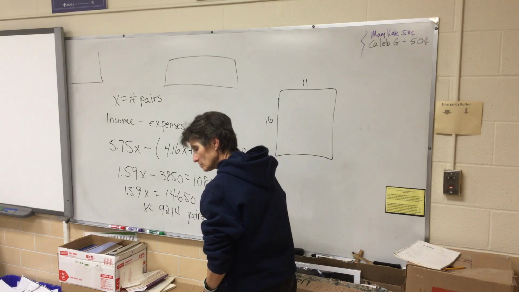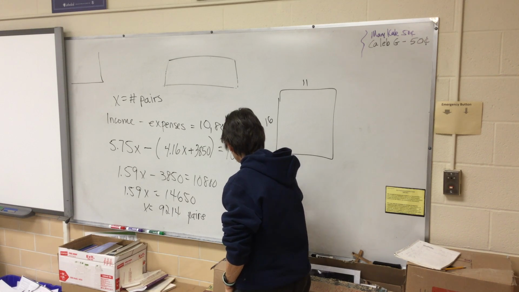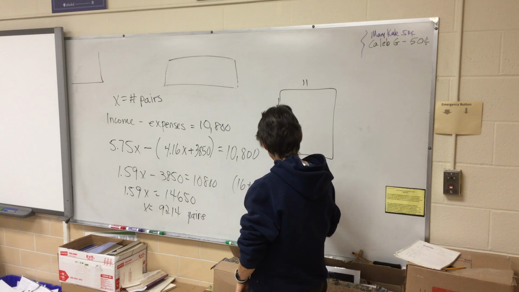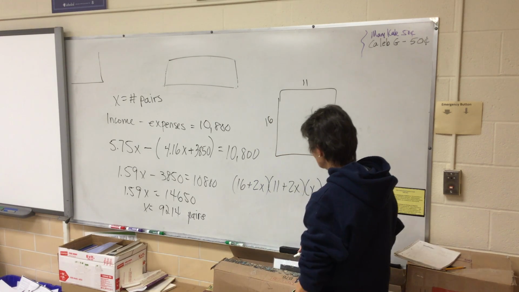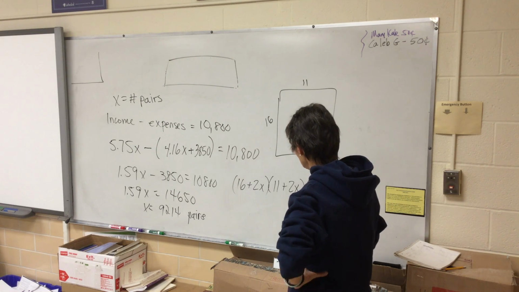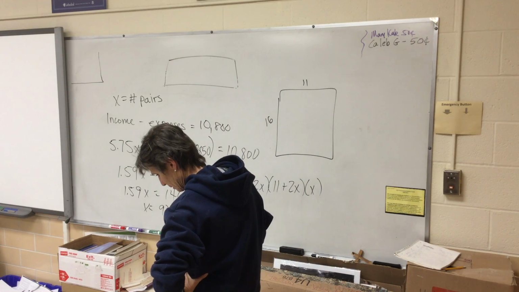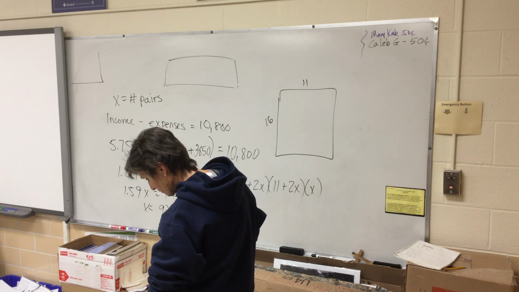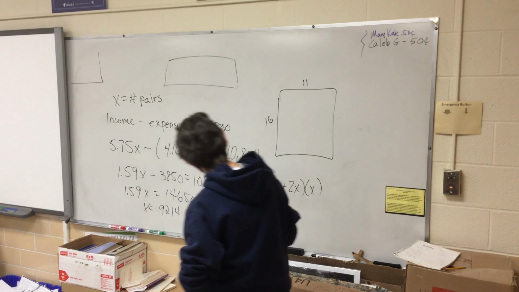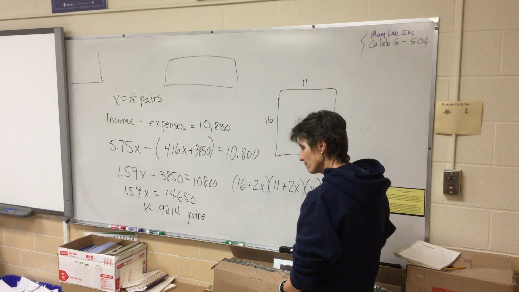It's like 16 plus 2x, and then 11 plus 2x, and then x. And that would represent your volume. And we want the volume to be no more than 100. So we need this thing to be less than or equal to 100?